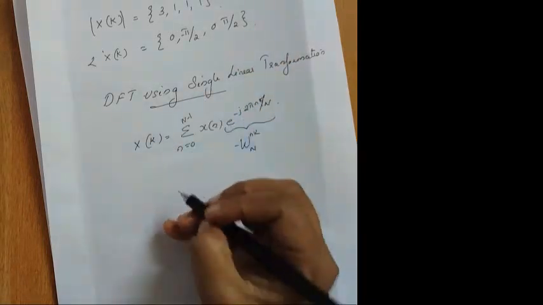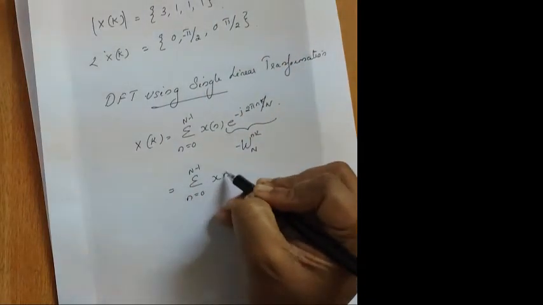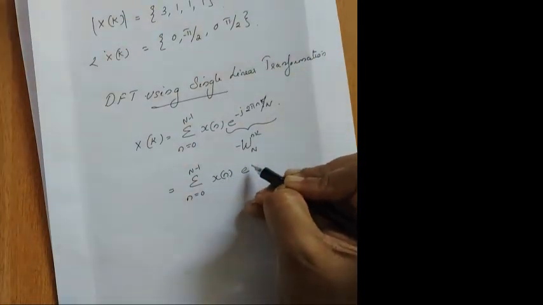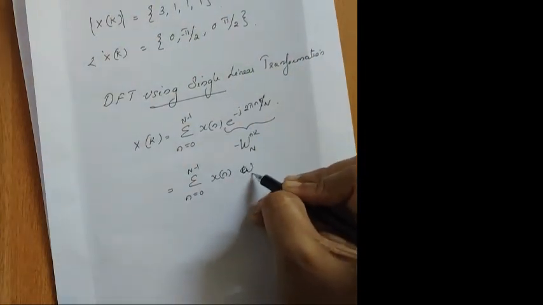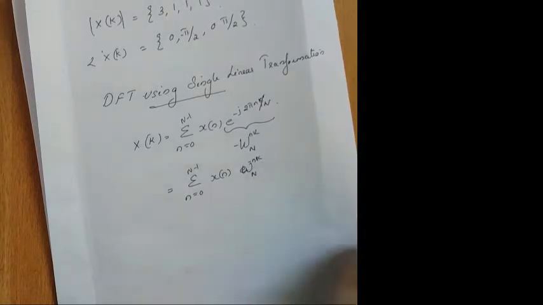So the whole equation will be converted to summation n is equal to 0 to N minus 1 x of n, and instead of e raised to this you will write omega N nk.